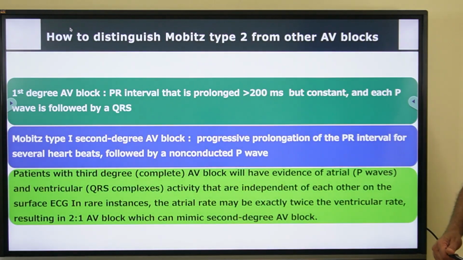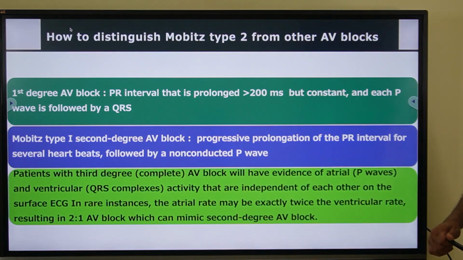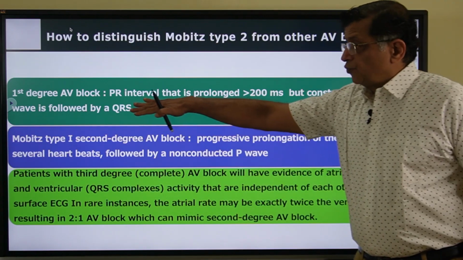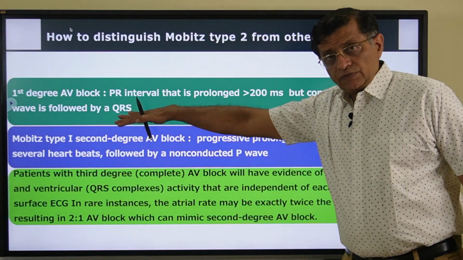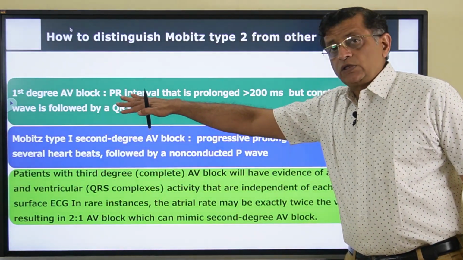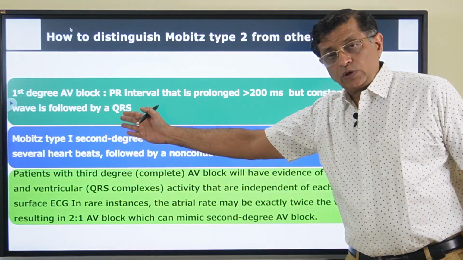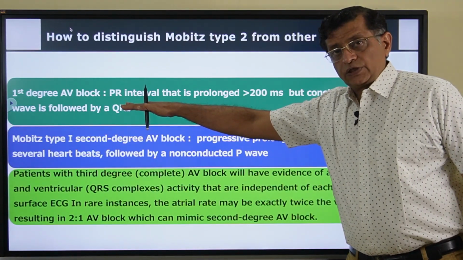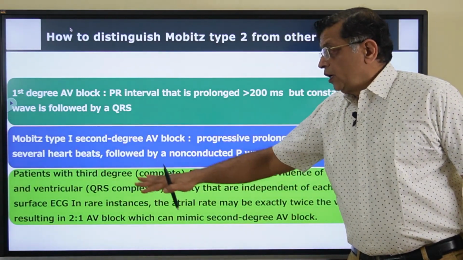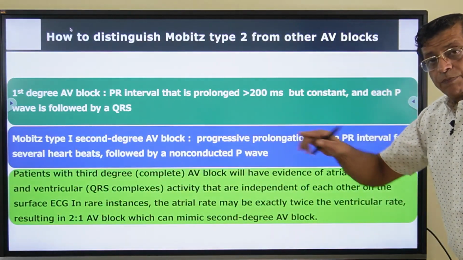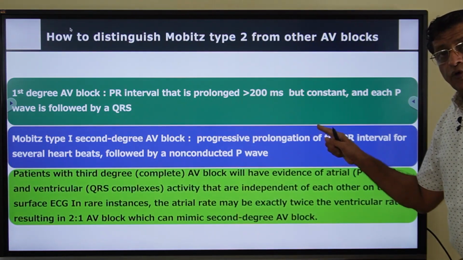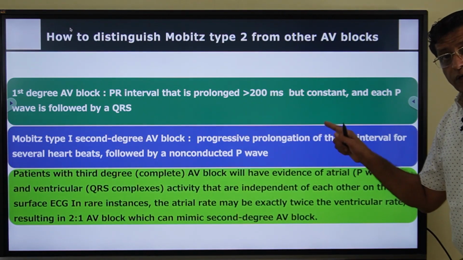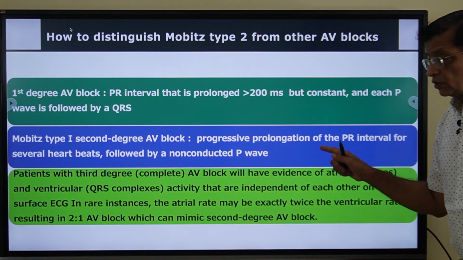How to distinguish Mobitz type 2 from other AV blocks? To distinguish this from first degree AV block is easy, because in first degree all the P waves are followed by QRS complexes. The only problem is the PR interval is prolonged. So differentiation from first degree AV block is relatively easy. In Mobitz type 1, the PR successively gets prolonged before the P wave fails to conduct to the ventricles.